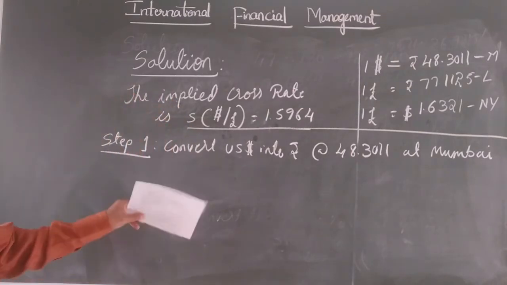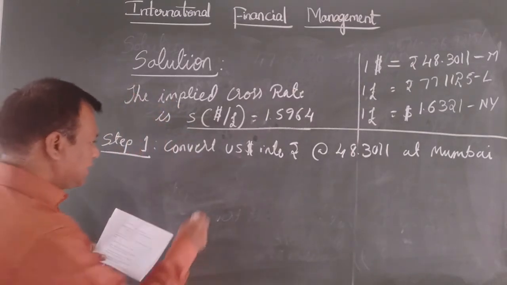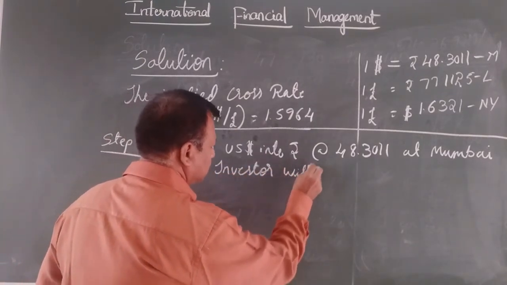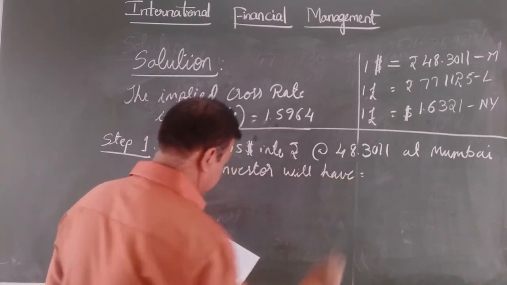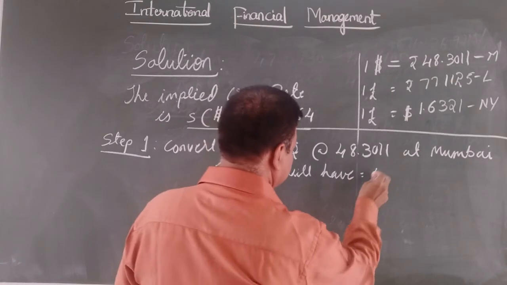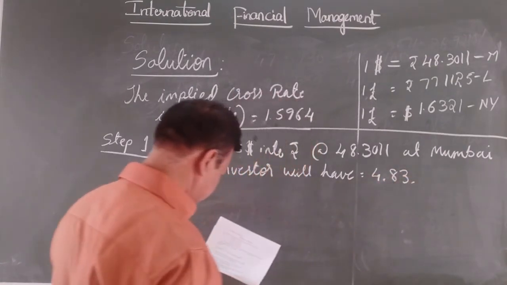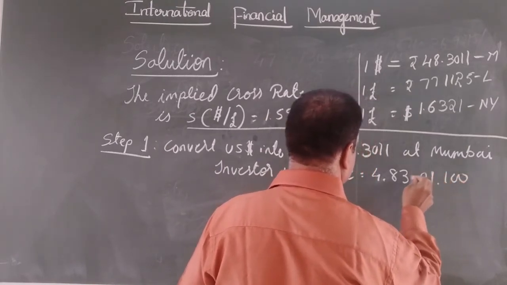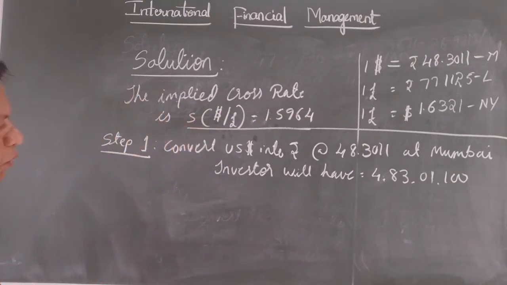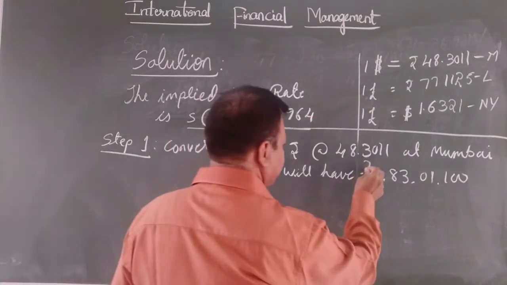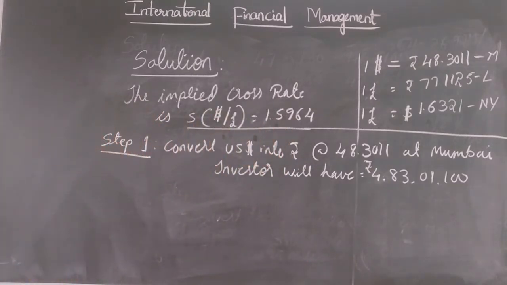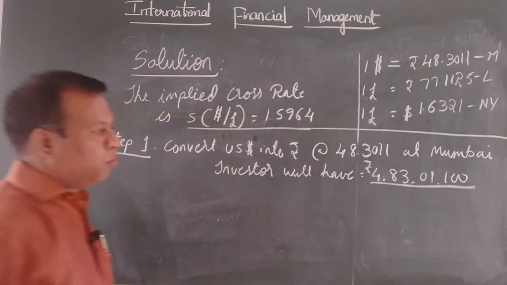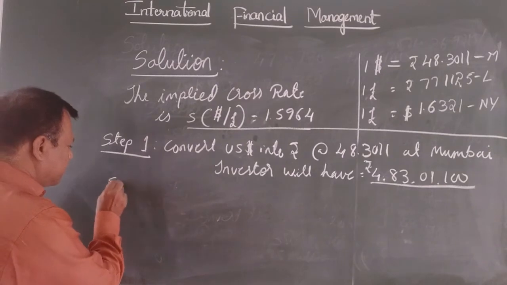When you convert, how much will you get? Hence the investor will have 4,83,01,100 rupees. By converting US dollar 10 lakhs into rupees, he will have 4,83 lakh 1,100 rupees.